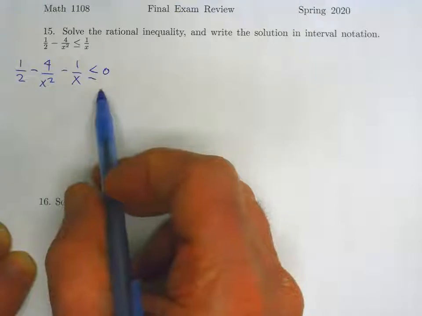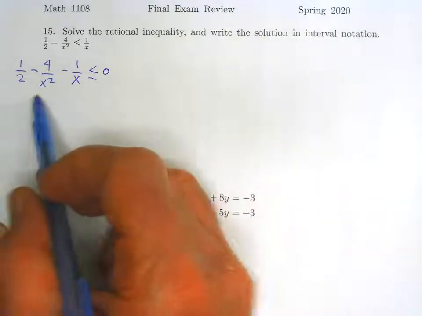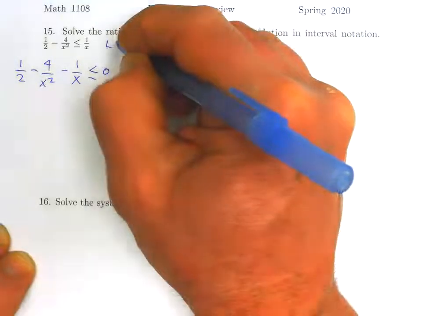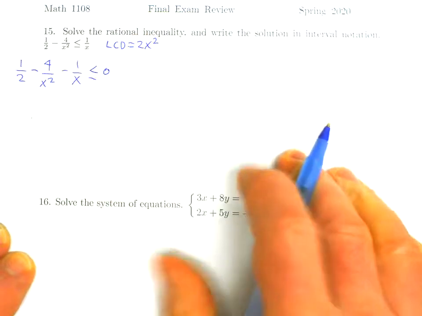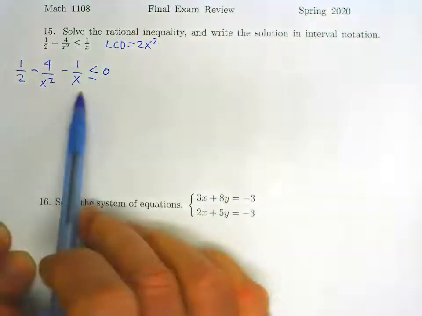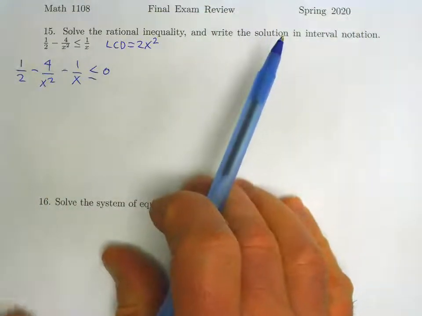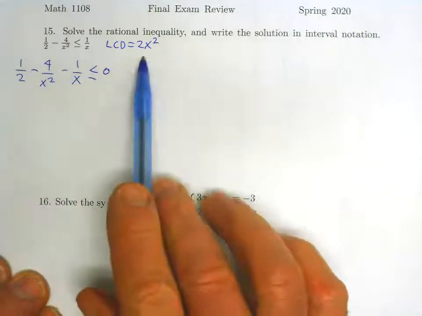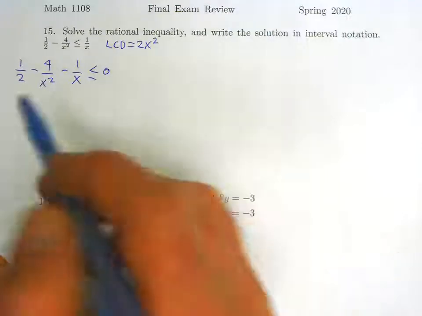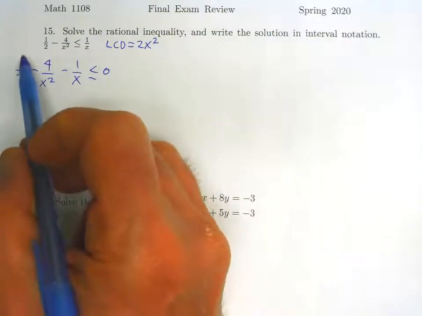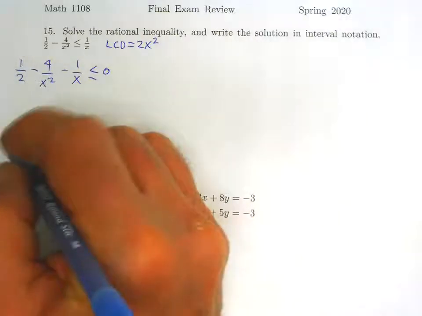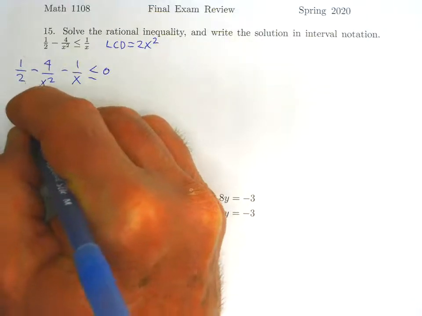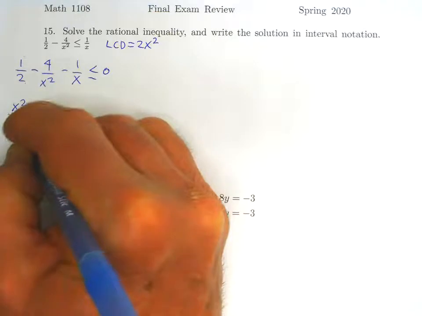The least common denominator is 2x squared. That will help us write the left-hand side as a single rational expression with a common denominator of 2x squared. Note that for 1 over 2, if I multiply the numerator and denominator by x squared, I get x squared over 2x squared.